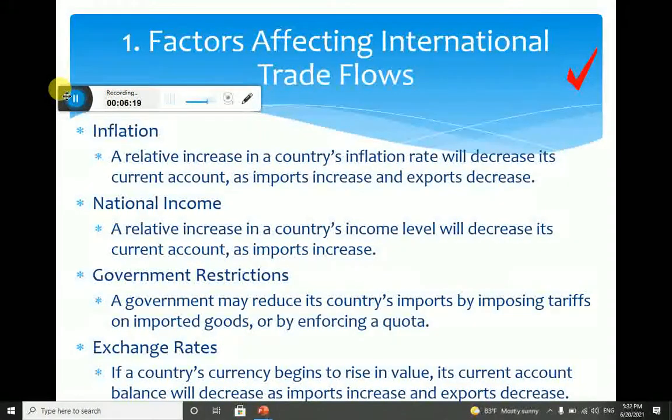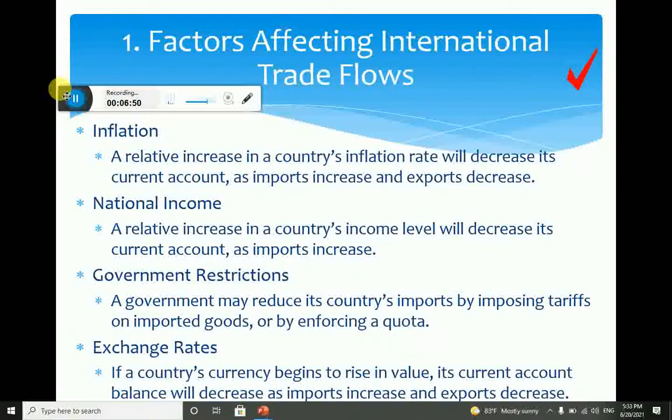Now if inflation takes place, the prices of goods and services in this country will increase, so demand will be discouraged and no one will purchase from this country. Let's say before, purchases of 5 million took place. Now this year the purchase of 3 million takes place. So what is the result? The result is import is the same.